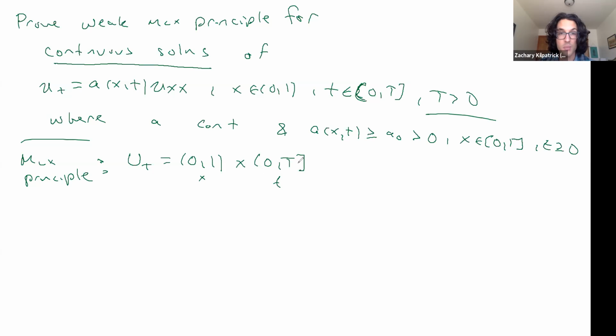So you have to do something special on this end boundary. And then we call this thing Gamma T, which is the closure with U sub T removed, its parabolic boundary.